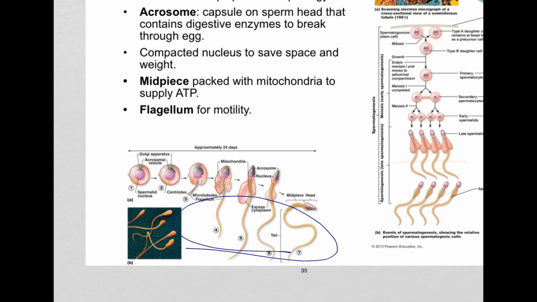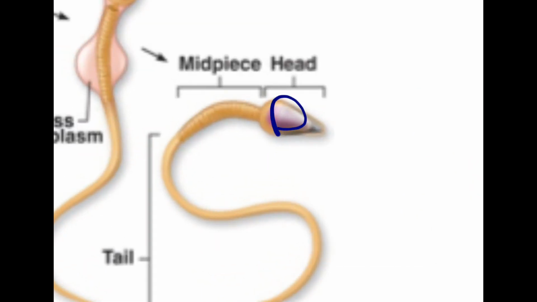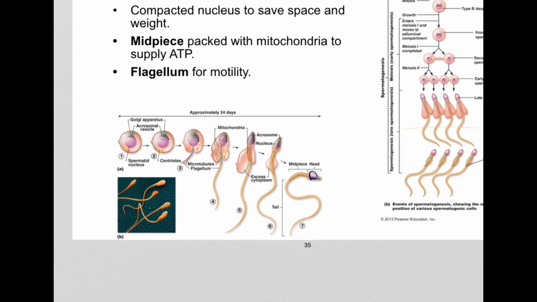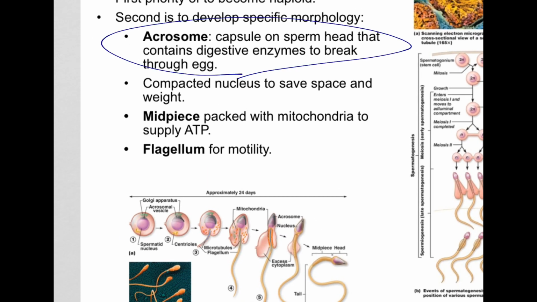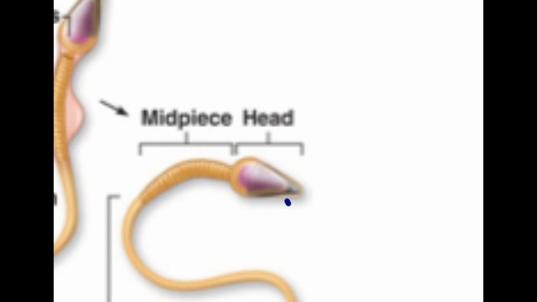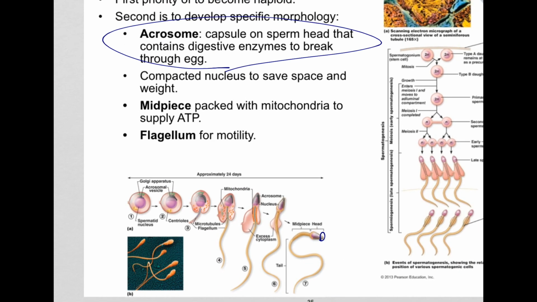Above that, you'll see a nucleus. And remember, that's the entire purpose of a sperm. All you're trying to do is deliver that haploid nucleus to the oocyte. And so the rest of the sperm is really just a carrier or a vehicle for the nucleus. The last thing you see at the very tip is a tiny little pocket of digestive enzymes called the acrosome.